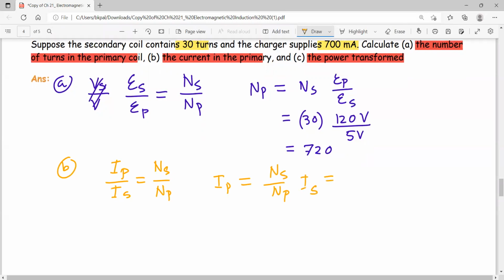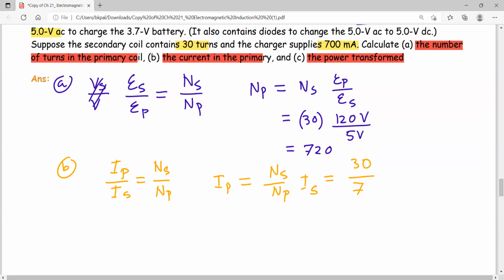NS is 30, NP is 720, IS is 700 milliamp. You can convert milli to amp, but I wanted to get the result in milliamp, so that's why I'm not converting it. But let's convert it actually to make everything the same.